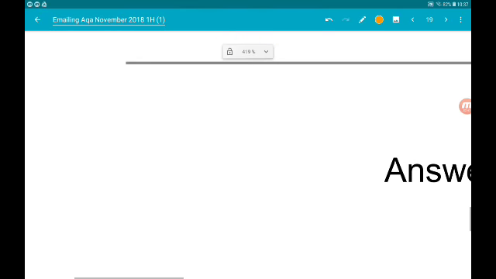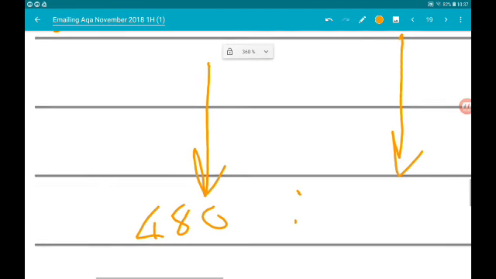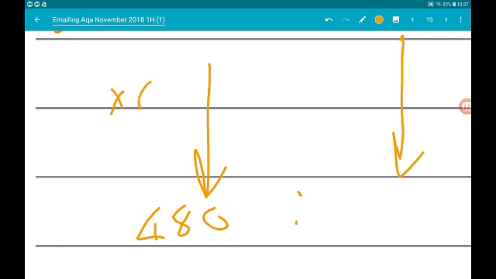So 480 divided by 8, 8 into 4, nope, carry the 4, 8 into 48, 6 times, 8 into 0, 0, so we've multiplied it by 60.